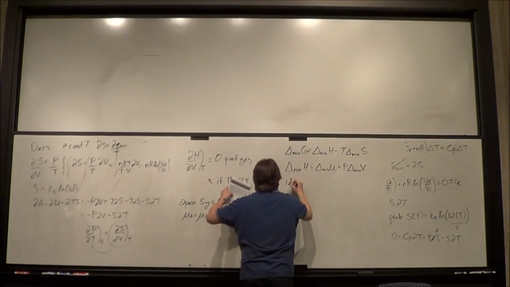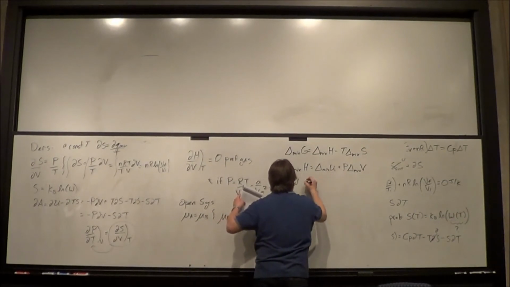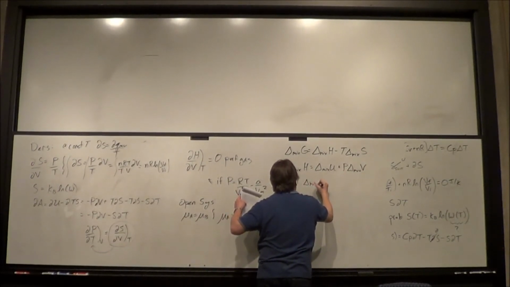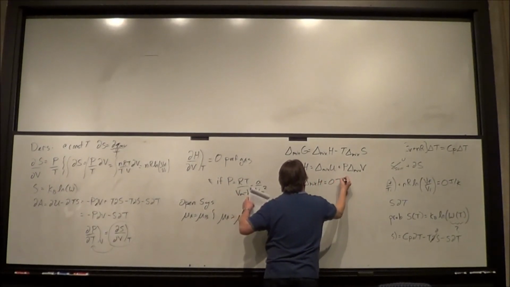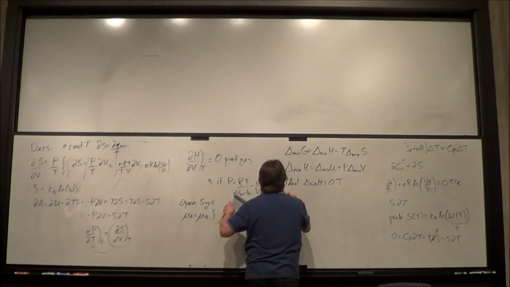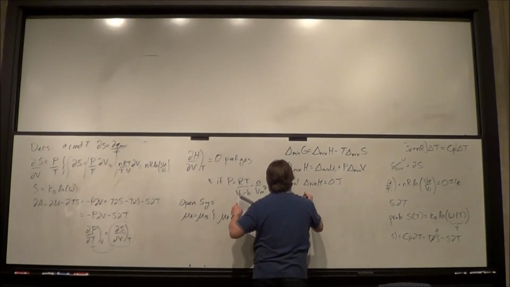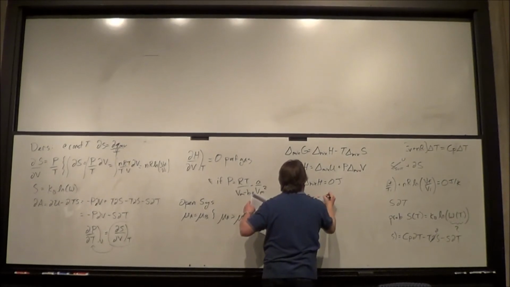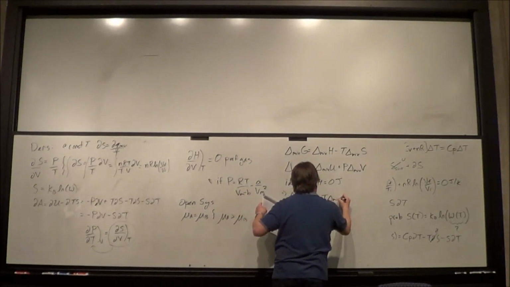And then if it's ideal, these are all 0 joules, and therefore delta mix G is minus T delta mix S.